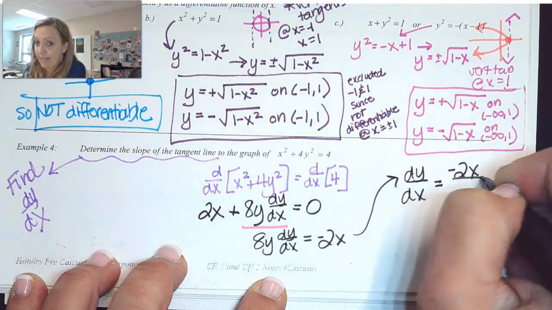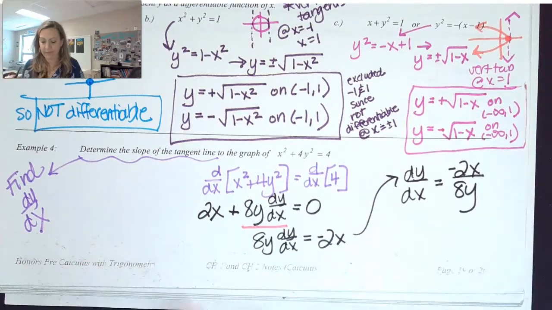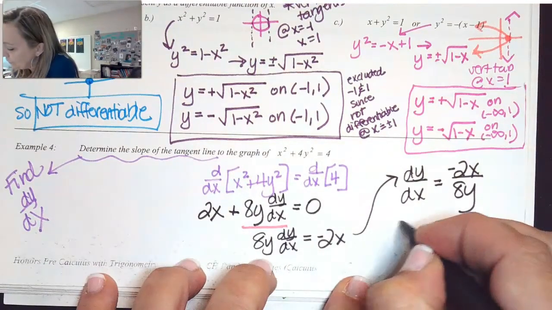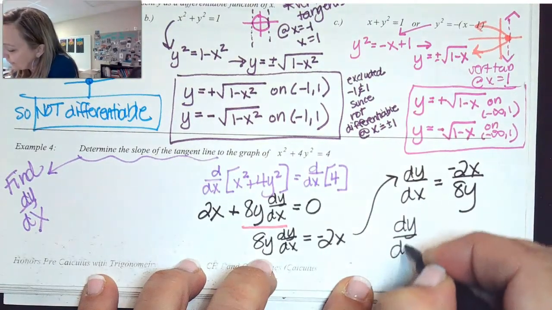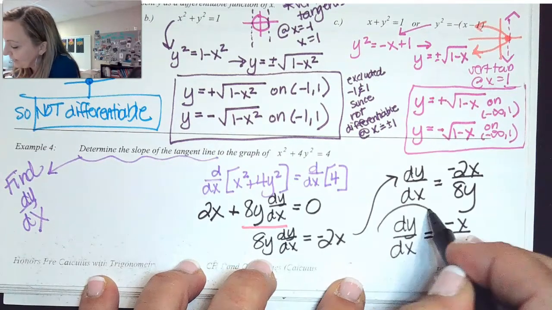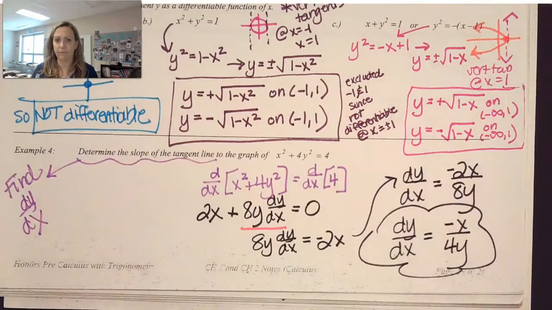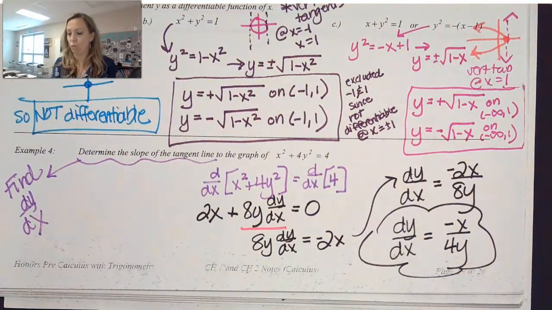And I have that dy/dx is negative 2x over 8y. But you guys would probably simplify that, right? Just divide by 2. So our best answer would be to have it reduced, that dy/dx is the opposite of x over 4y, okay? Let's keep going.